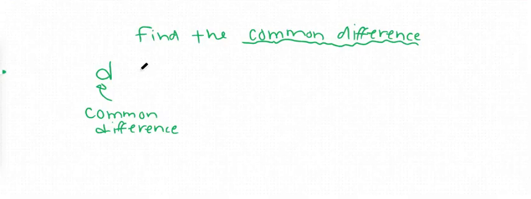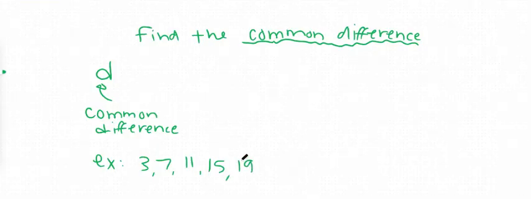Okay? And how we find it is we take any two numbers and we subtract to find their difference. I'm going to give an example of a sequence: 3, 7, 11, 15, 19. In order to find my difference, I'm going to take any two numbers, as long as I keep track of their position.